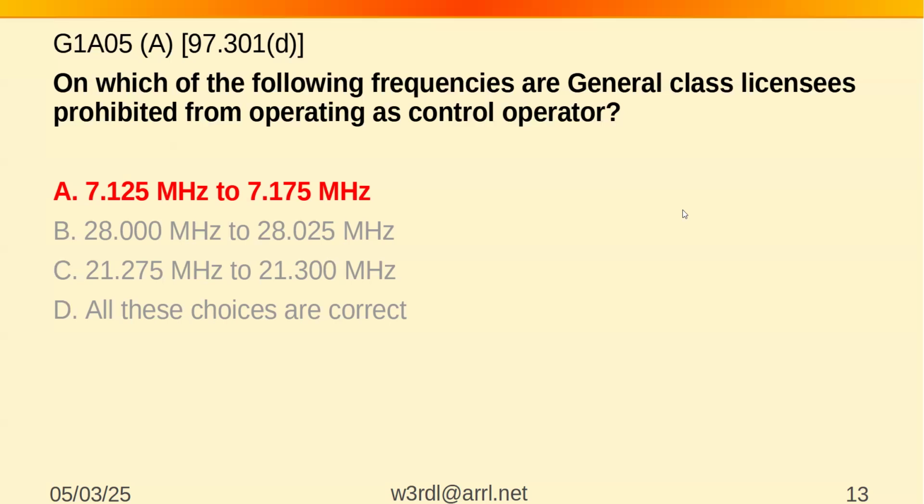Extra is 7.125 through 7.3. Well, but general can't do that lower. 7.175, according to the ARRL chart, is 7.175 through 7.3 for general. So this is the excluded for extra.